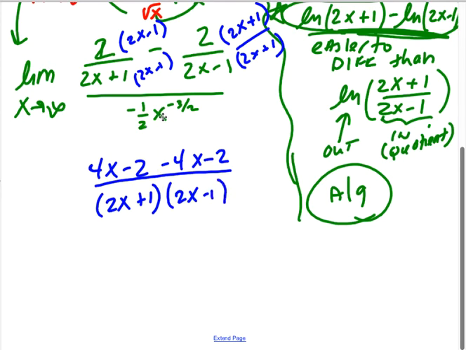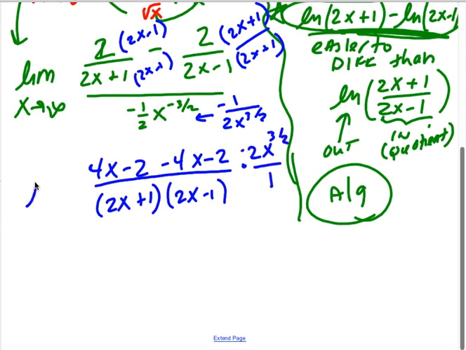And then essentially what's happening is I can flip, so this stuff can be flipped up to the top. It's up to you how you want to write this, right? This is actually a negative 1 over a 2x to the 3/2. So you could flip this and make this multiplication.